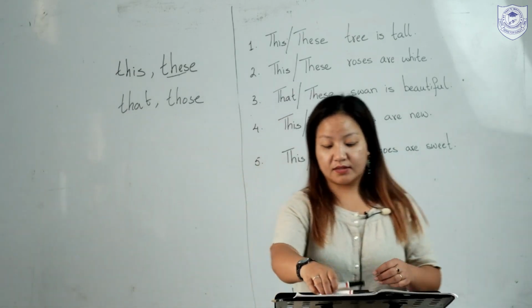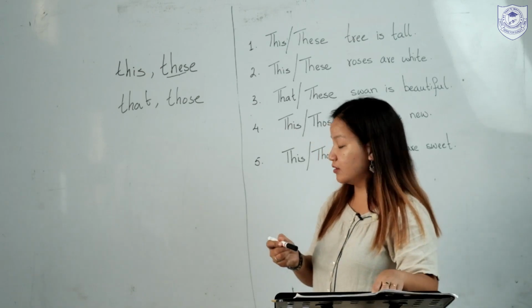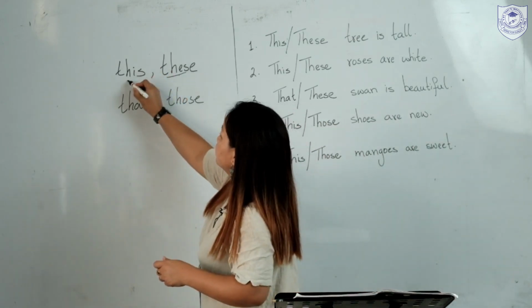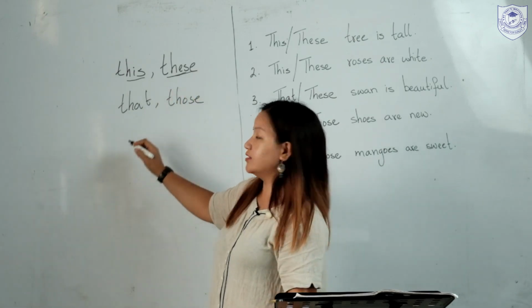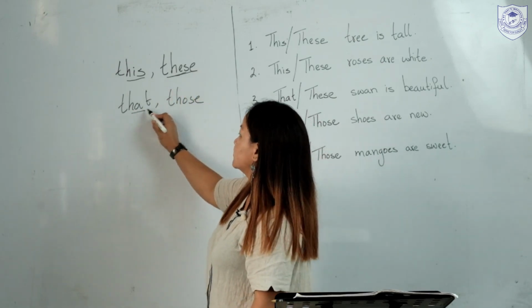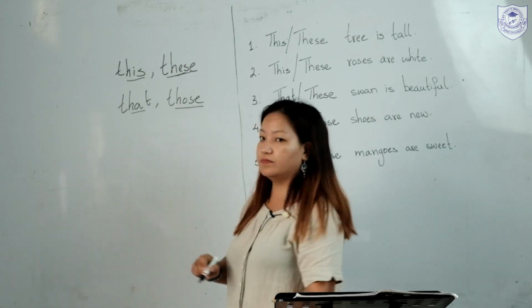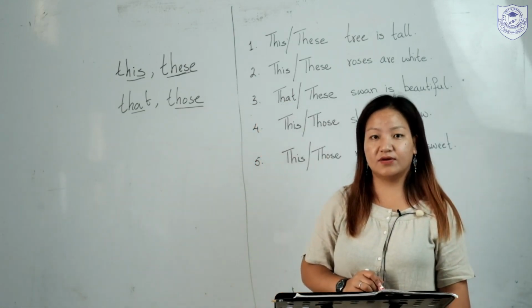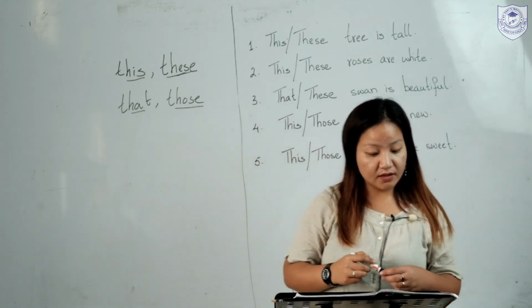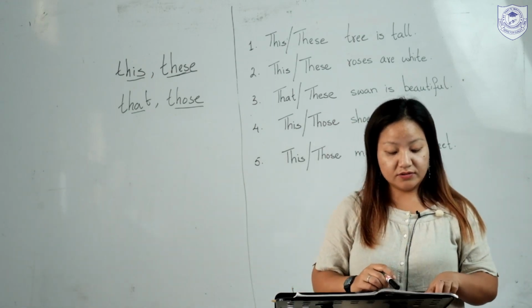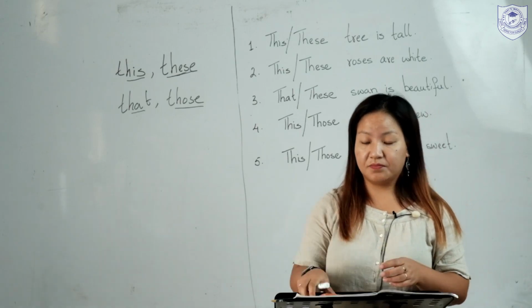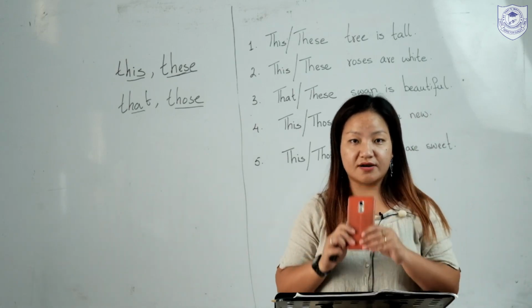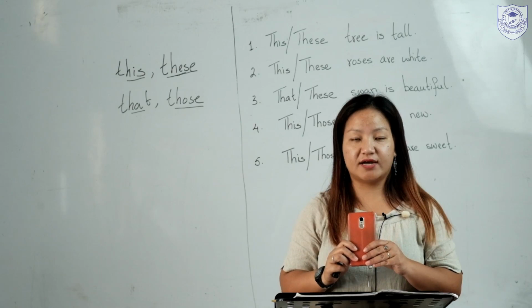So this one is used for singular and this one is used for plural. And the same thing goes here. This one is used for singular and this one is used for plural, okay? Do you understand? Now, we use this to point at nouns that are near us. Yes, I already told you, right, that the nouns or objects that are near us, we use this.